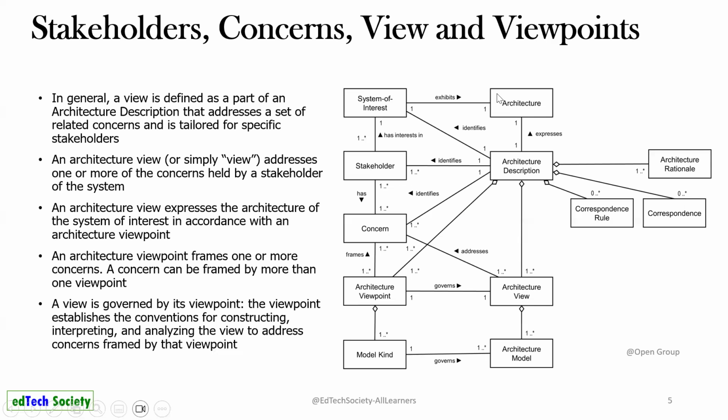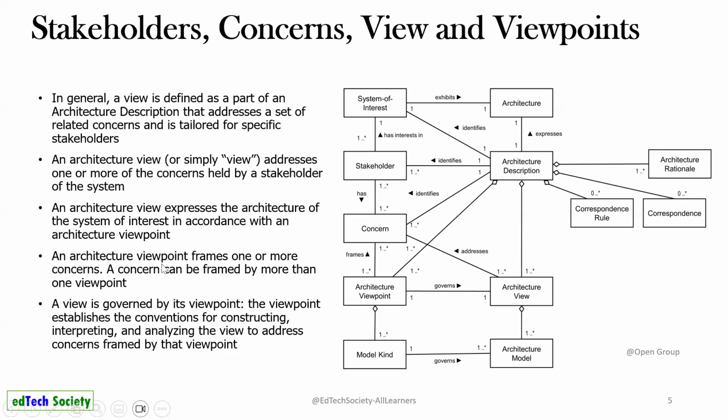So as you can see, the next one is: architecture view expresses the architecture of the system of interest in accordance with an architecture viewpoint. The system of interest exhibits the architecture.